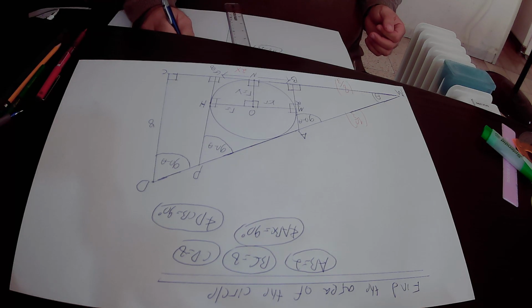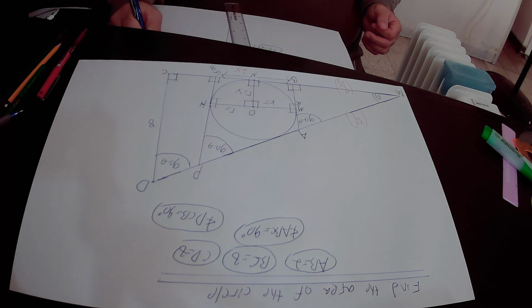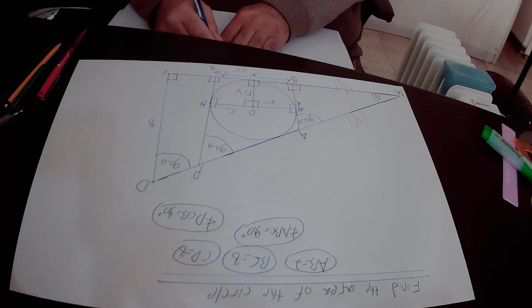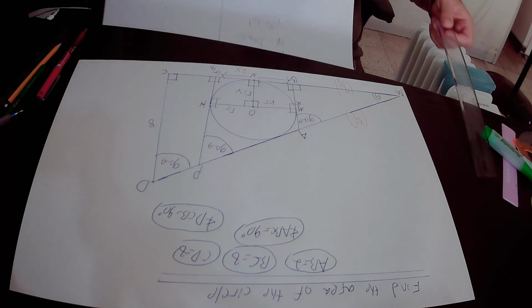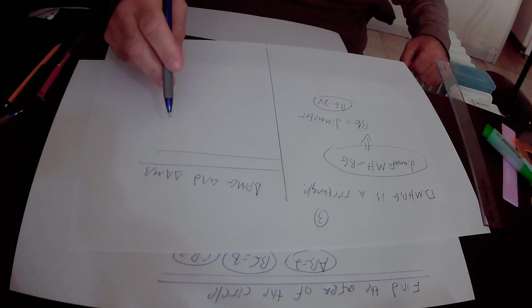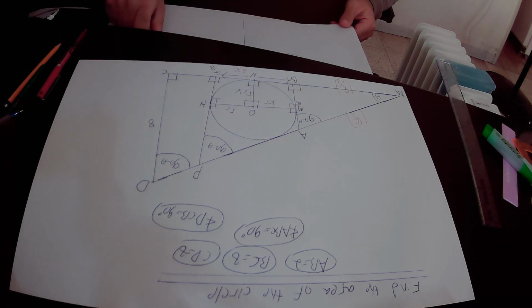The big triangle PMG is similar to the small triangle AMB. Why are those two triangles similar to each other?